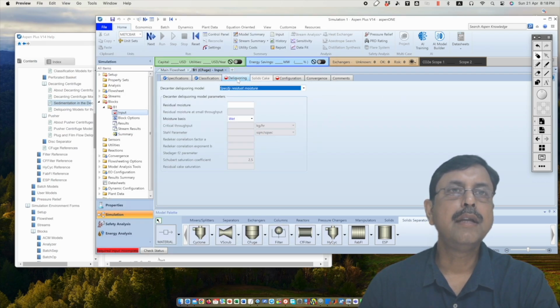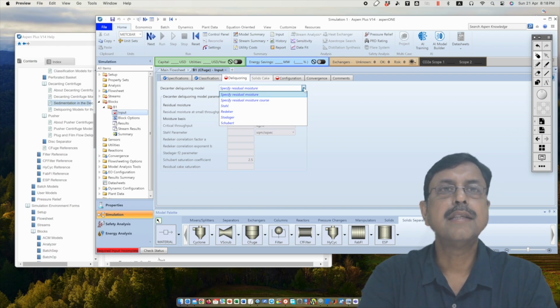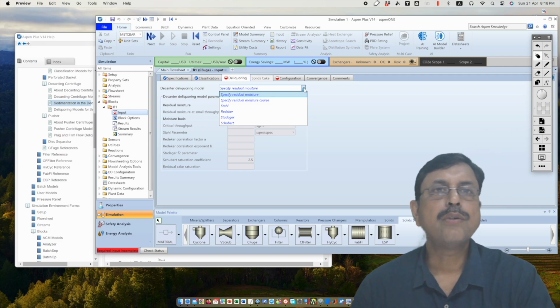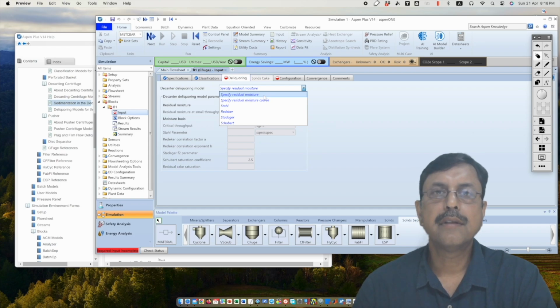Now deliquoring model. Deliquoring model, in case of decanter, you have various other things like stalls, Redeker, Stadager, Skubert, etc. So how the moisture content is defined in all those models, that has to be seen.